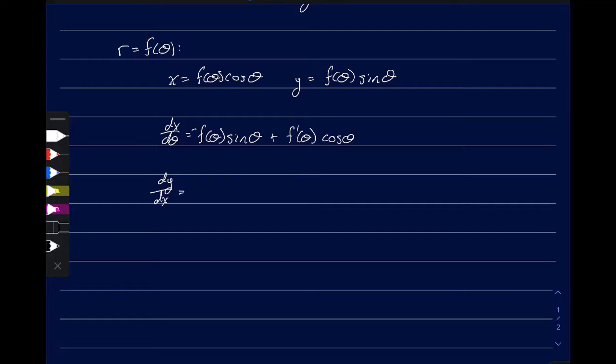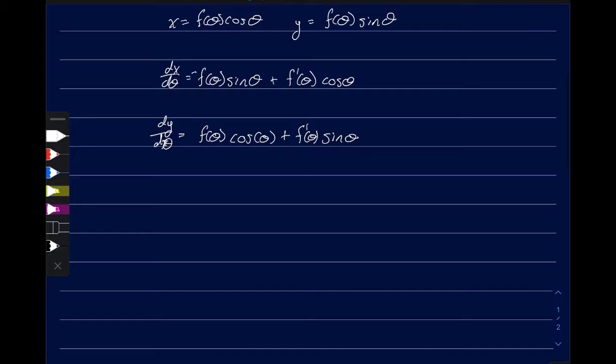And we also have dy/d theta is equal to the same thing, the first times the derivative of the second, plus the second times the derivative of the first. So that should be dy/d theta.